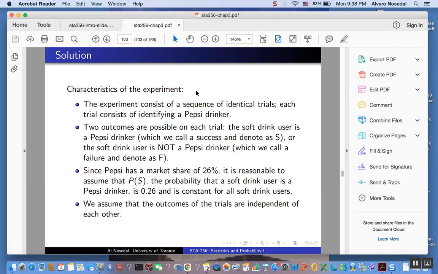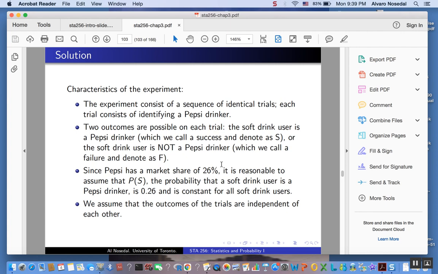So the characteristics of the experiment are the same. We have a sequence of identical trials, and the point is identifying a Pepsi drinker. Each of those trials results in one of two outcomes: a success or a failure. A success is when we identify a Pepsi drinker, and a failure otherwise.